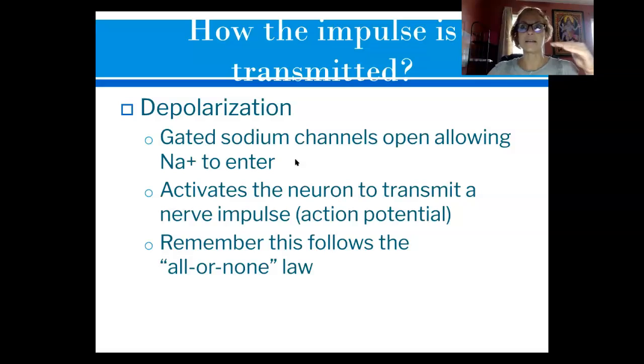Along the axon, that depolarization causes the next sodium channel to open. So it's a gated channel and it lets sodium in, which causes the next channel to open, which allows more sodium in. So you remember that we talked about the domino effect when we did the sliding filament theory. So it's going to respond all the way or not at all.